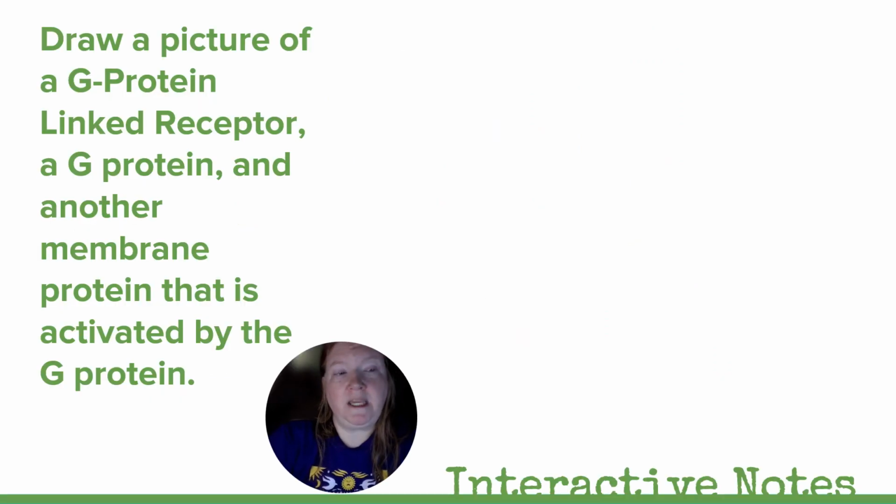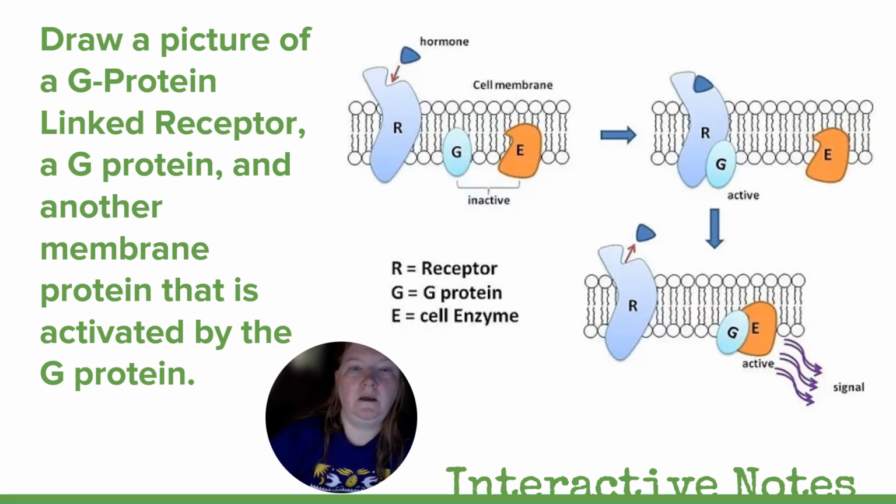Draw a picture of a G protein linked receptor, a G protein, and another membrane protein that is activated by the G protein. So here's a model. So here we have a receptor. Here we have the ligand, which is a hormone, but just a ligand that works with this receptor. Here's the G protein, and here's another membrane protein, which in this case has an E representing an enzyme.